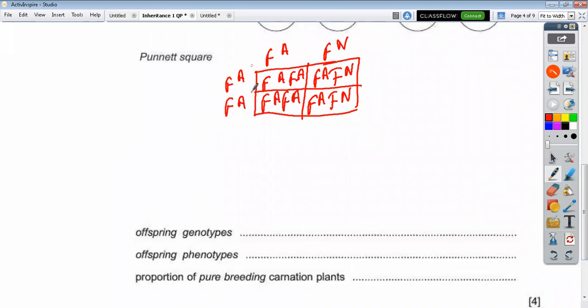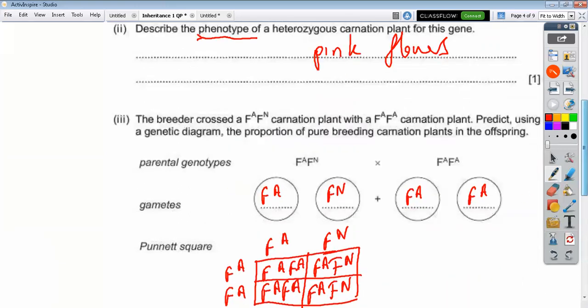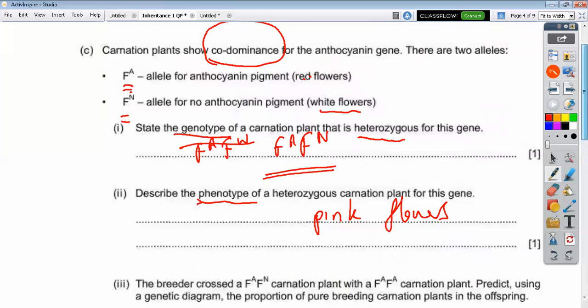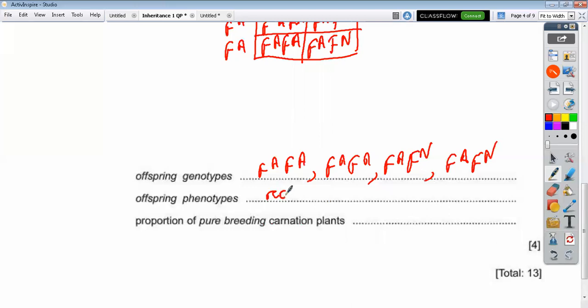Then the genotypes. So it's simply what we get: we have FA, FA, FA, FA, and we have FA, FN, FA, FN. So what is this here? A is for red. Don't forget. So this is a red flower.